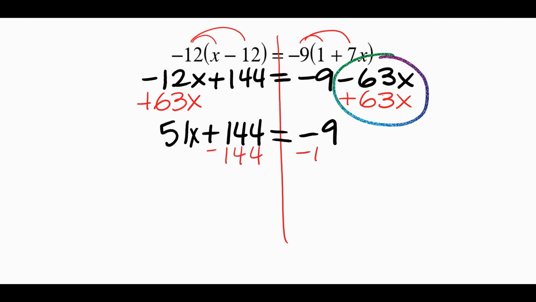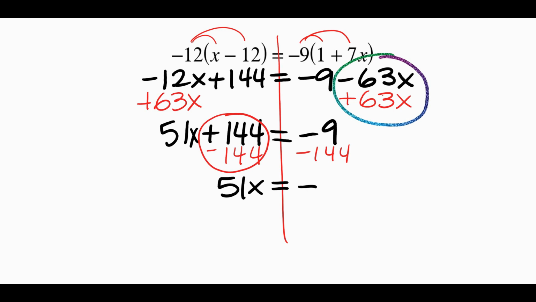So I'm going to subtract 144 from both sides, and when I subtract 144 over here, I get a 0 pair. And on this side, I am left with my 51x equals, same signs. I'm going to add the numbers and keep the sign the same.